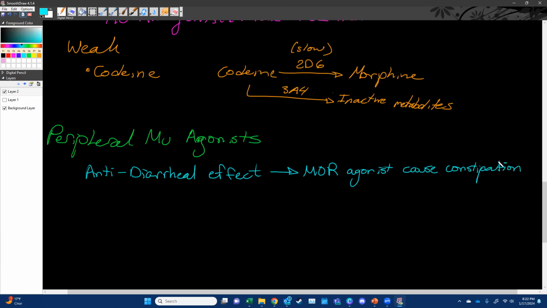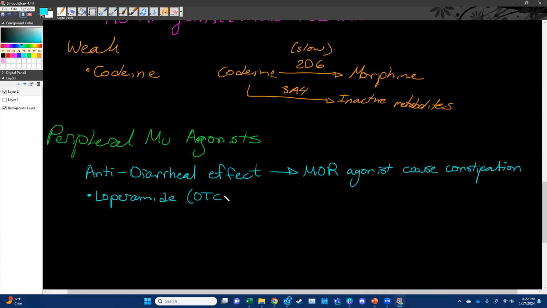So why don't we just give a drug that doesn't cross the blood-brain barrier, but will cause the person to become constipated? There are two primary drugs. The first is loperamide.